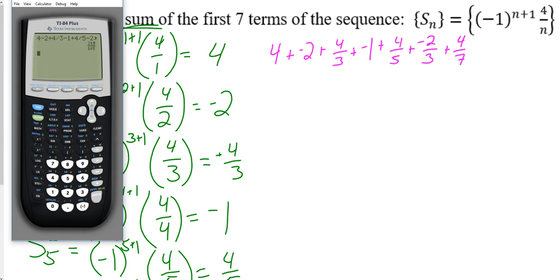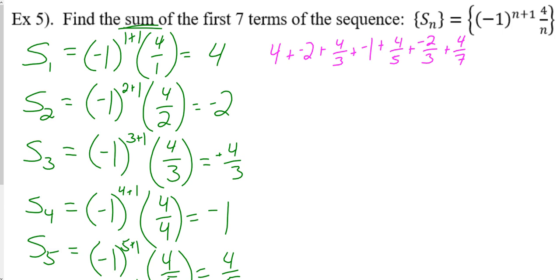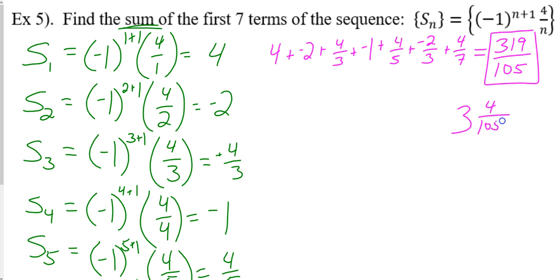We get 319 over 105. So that would be the sum of our answer, or if we wanted to write it as a mixed number, that would be 3 and 4 105ths.